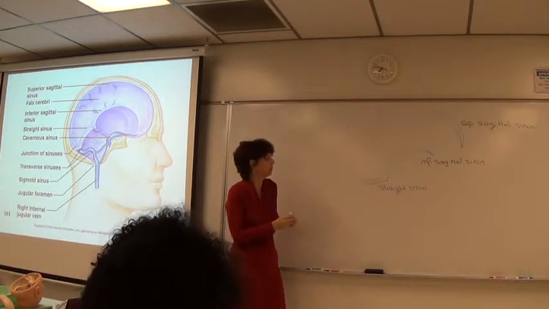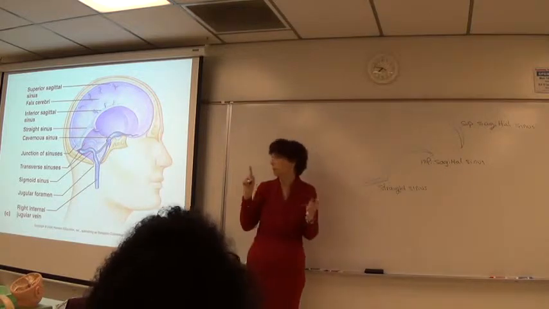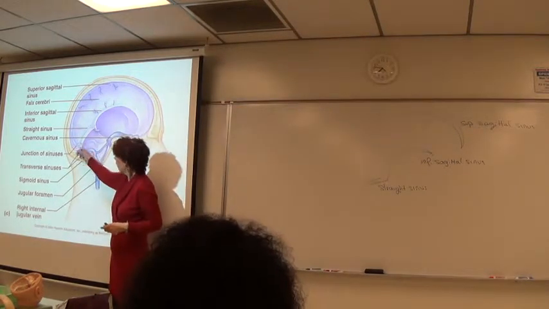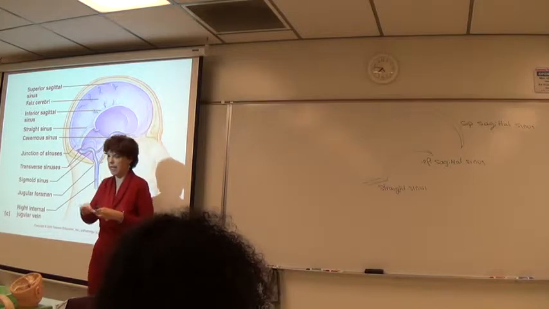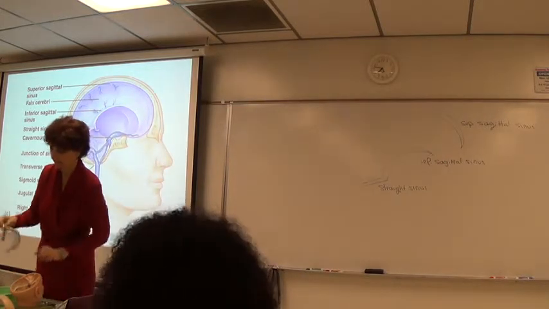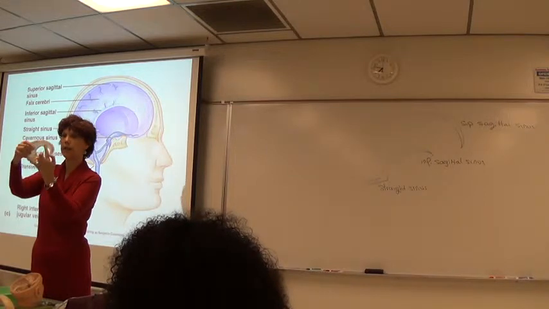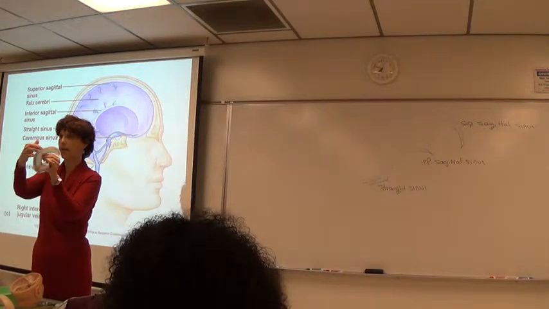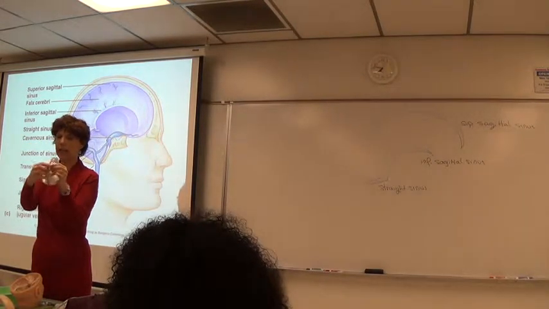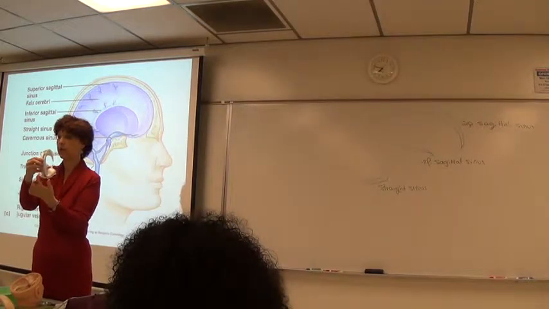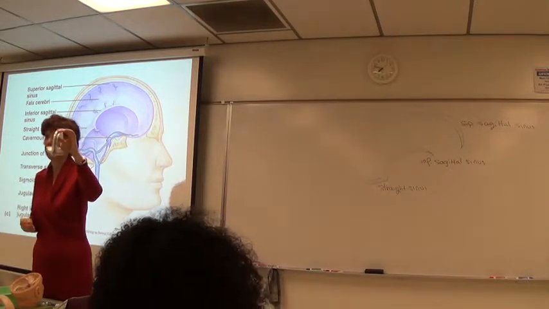I don't hold you responsible for that. And then it travels horizontally, laterally, in the edge of the tentorium cerebelli. So that would be right along here. Okay? So here's inferior sagittal sinus, here's superior sagittal sinus, and then it can go either to the right or to the left along the transverse sinus.